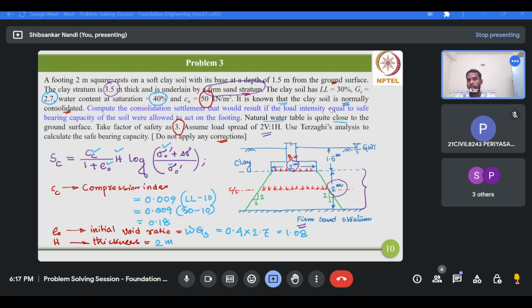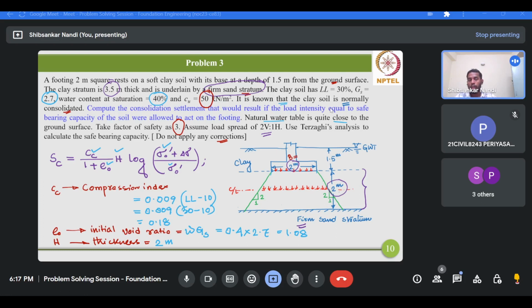That's why it is defined as normally consolidated. But for over consolidated soil, the present stress is less than the stress which was experienced in the past. The present stress experienced by the soil is lesser than the stress experienced in its past history. So that is called over consolidated soil.